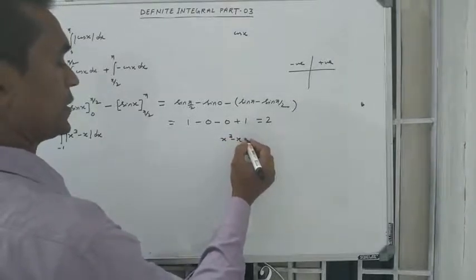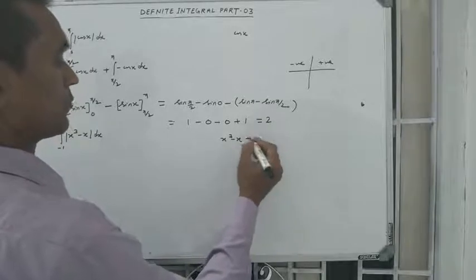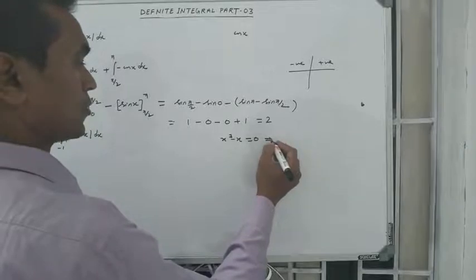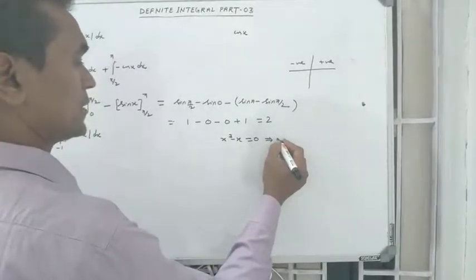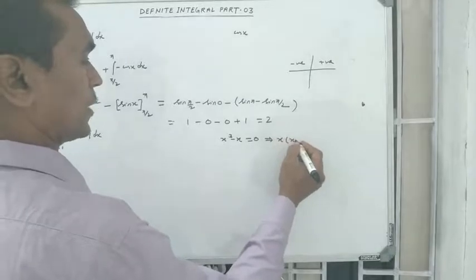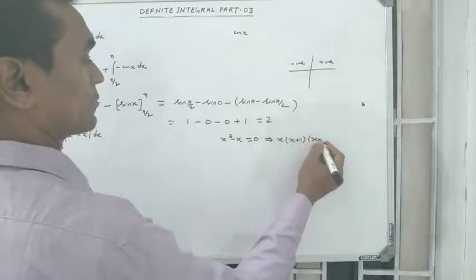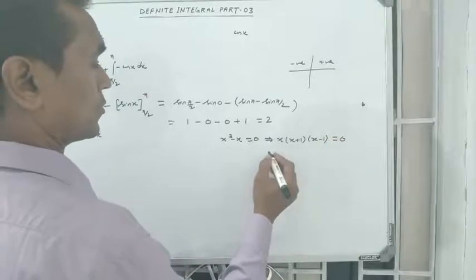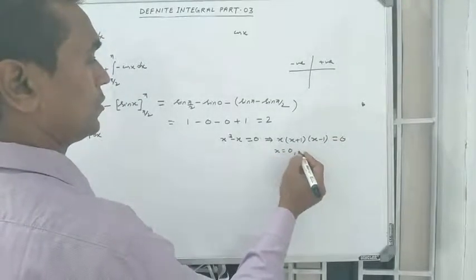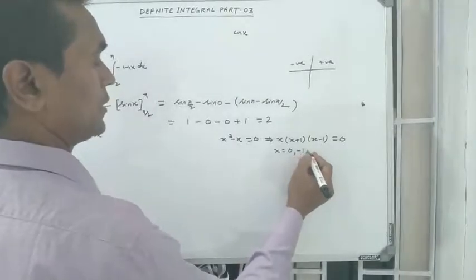Put this equal to 0 and find the roots of this equation. If you factorize, x and then x square minus 1, so x plus 1 and x minus 1. So we got 3 roots: x equals 0, minus 1 and 1.